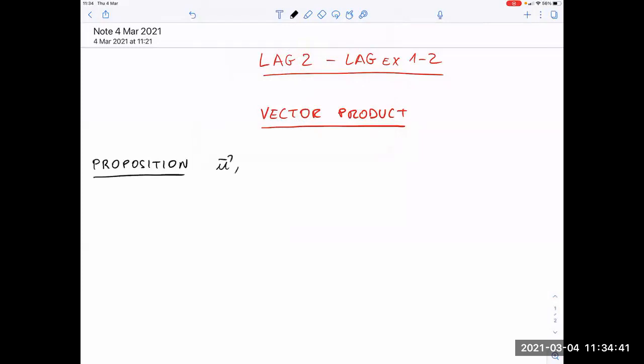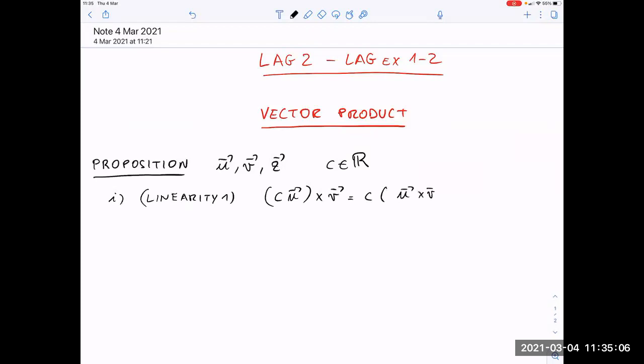Say we have u, v, and z, and then we have some scalar c. And then we want to speak about the property which we call linearity 1. A quick reminder, it says that you can take out the coefficient.